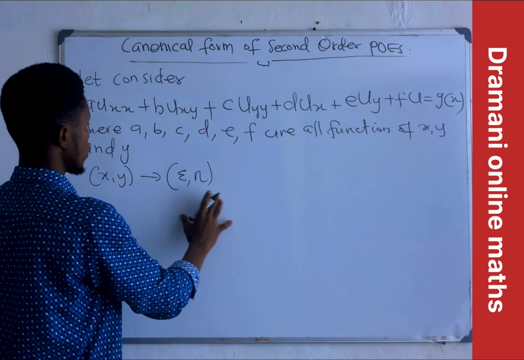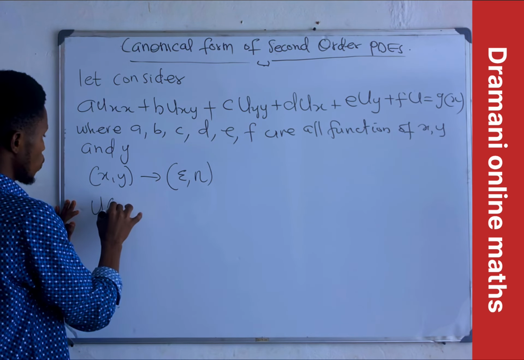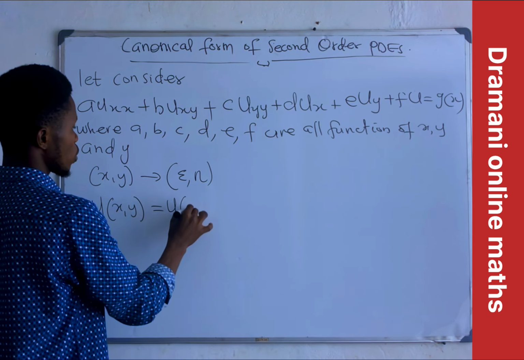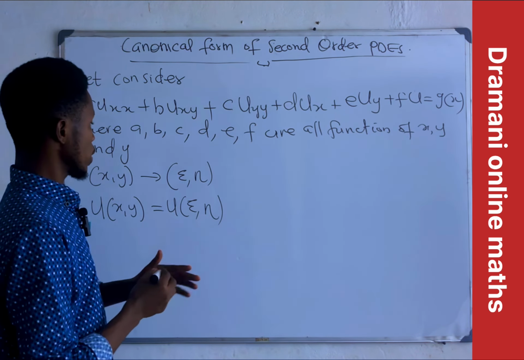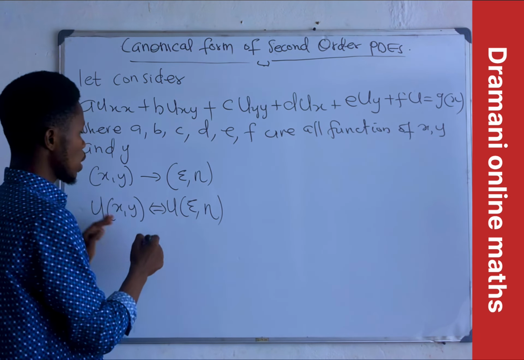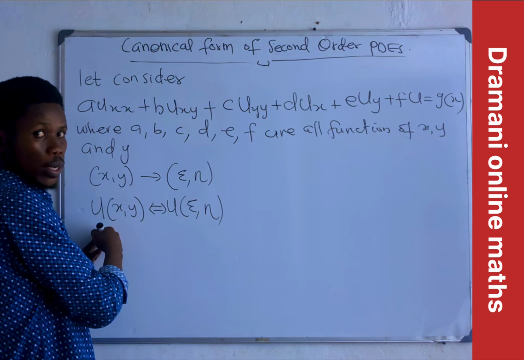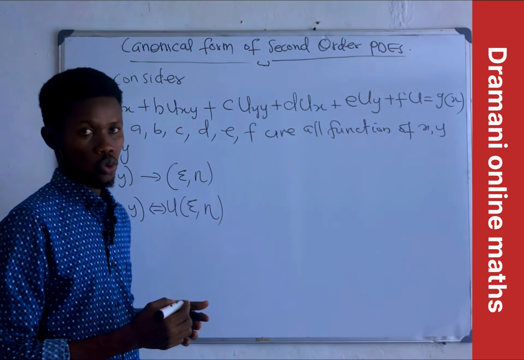So if I'm going to convert everything to this, it means that my u of x, y is going to be converted to u of what? Xi, eta. So after you convert it to this and get your answer, you come back to this one. Is that okay? Very good. So that's what you are going to do.